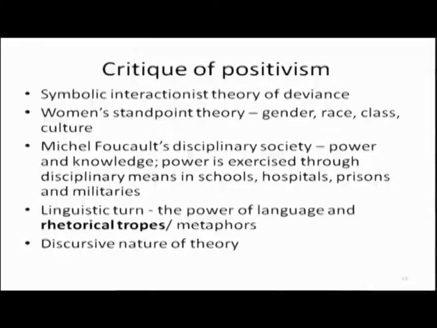There is also in sociology a critique of positivism, in your social thought. If you have done a social thought course or even otherwise basic courses in sociology, you know positivism and the critique of positivism by symbolic interactionism, and by women's standpoint theory of gender, race, class, culture.